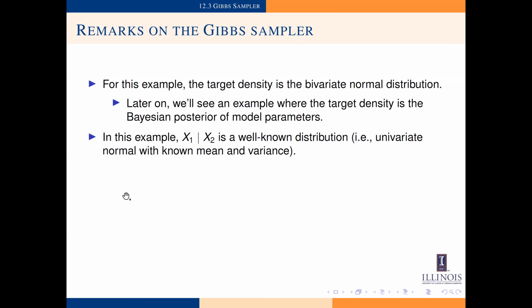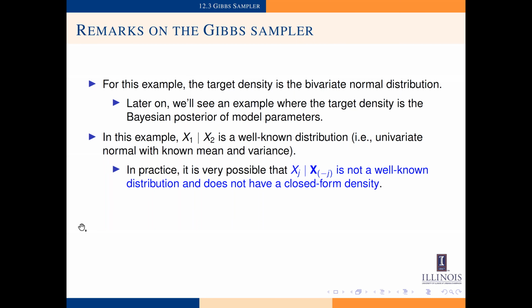Another thing to note is that in this example, x1 given x2 is of a well-known distributional form. So we know that when two things are distributed bivariate normally, then x1 given x2 is also normal, and so is x2 given x1.